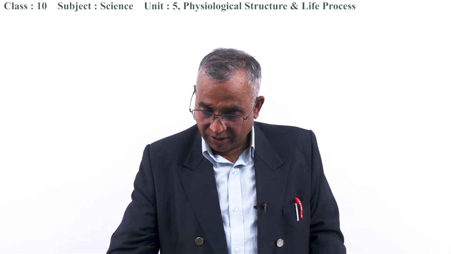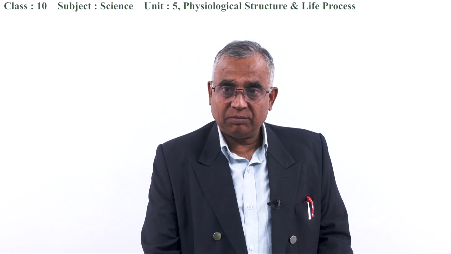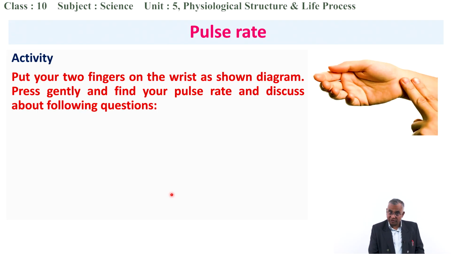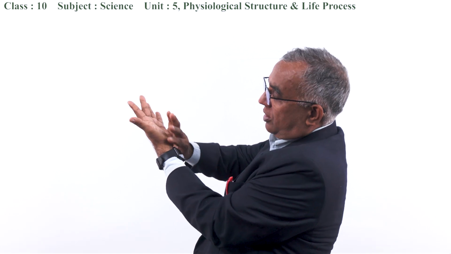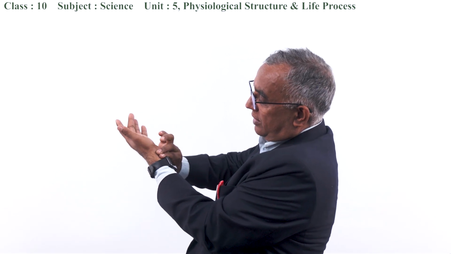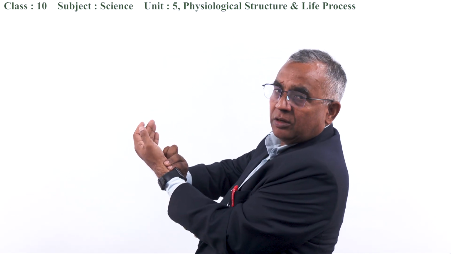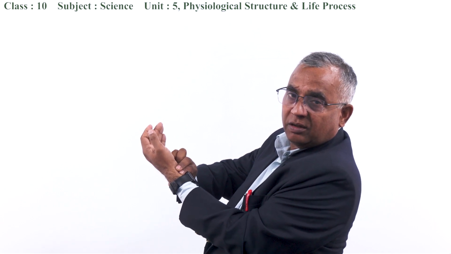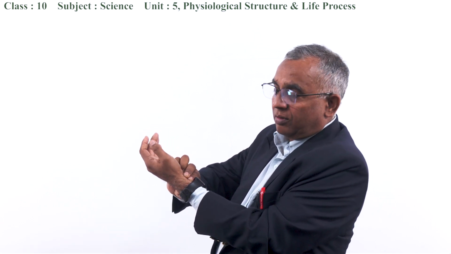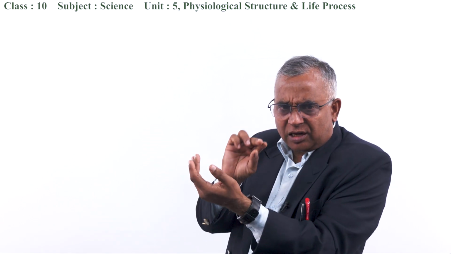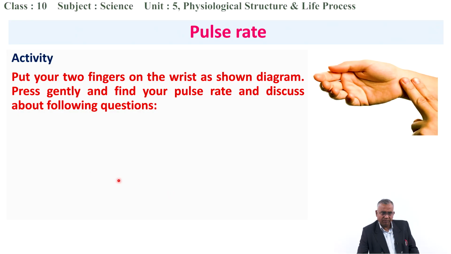Okay. So what is pulse rate? At first you have to find it yourself. Just follow the instructions given here. Put two fingers on the wrist, just below the thumb. Press a little bit, gently, and find your pulse rate.